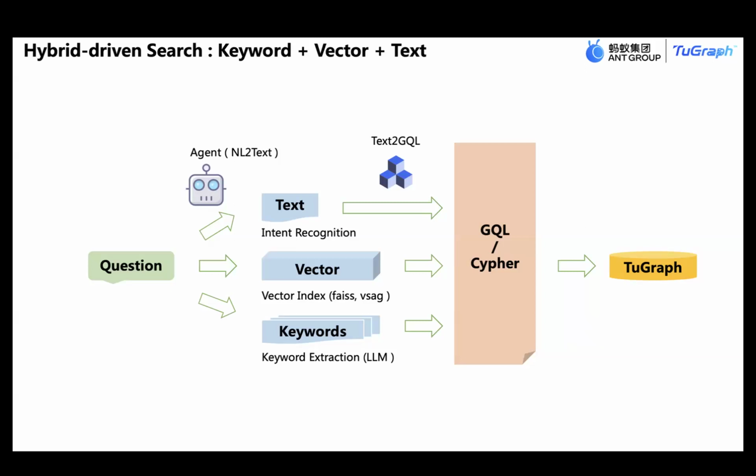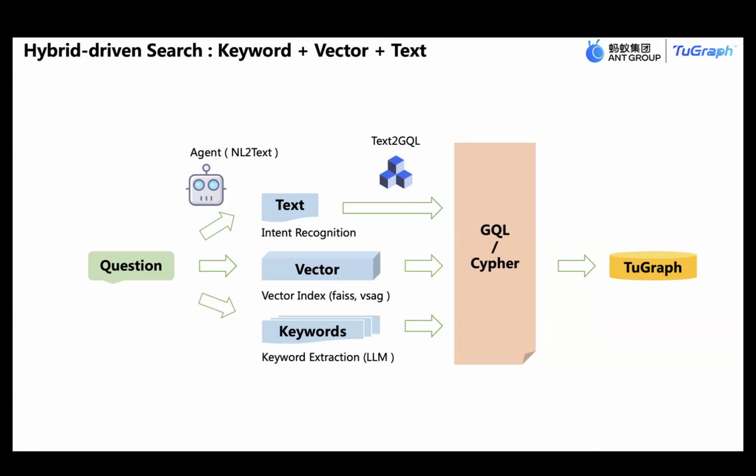As we know, we can use the agent to transform a user question to a text, and the text can be translated to a graph query language like GQL or Cypher. Why use this workflow? Because I have an assumption that asking somebody to write the GQL statement directly is difficult.